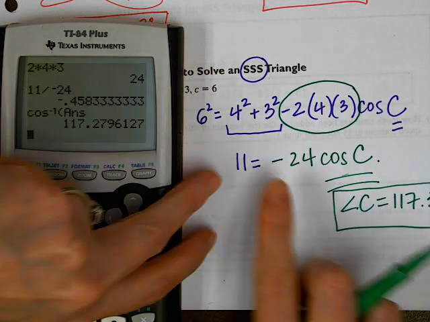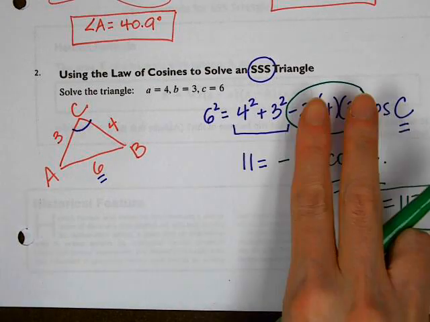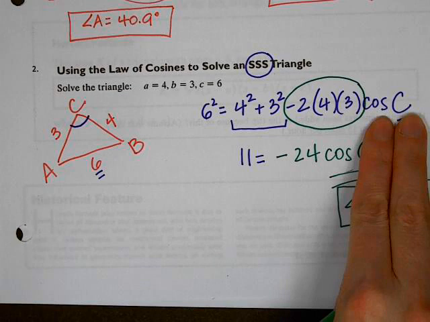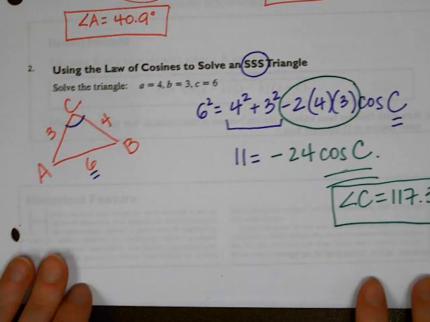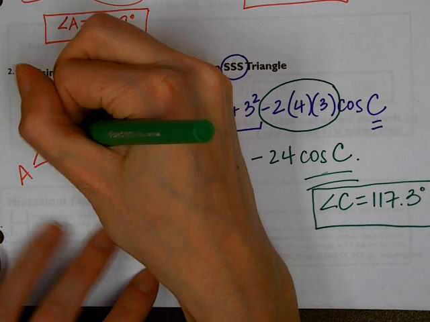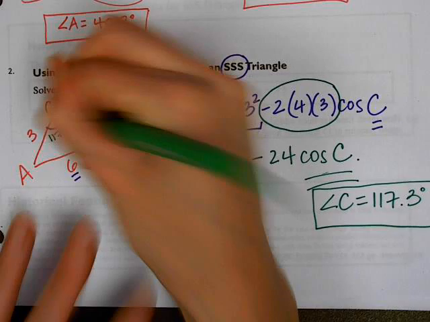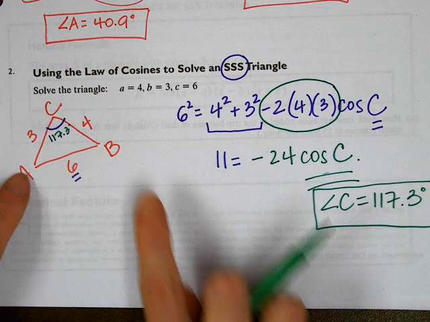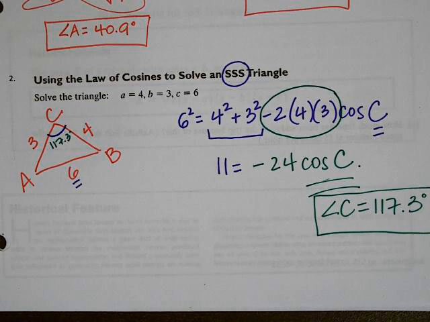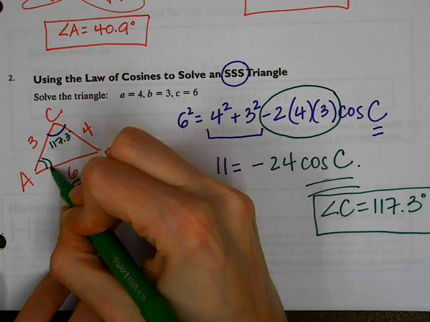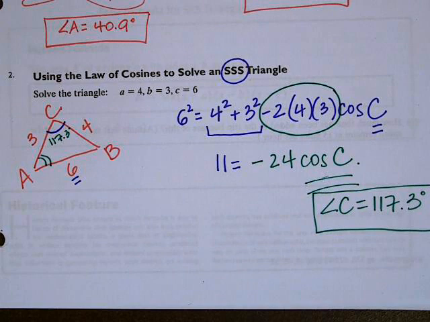Okay, so however you want to do it. You want to subtract this over and then divide by this and then do inverse if it's an angle. Okay, so angle C is 117.3 degrees, and now we need to find angles A and B. So if you want to find angle A, you could do law of cosines again, or you can switch over to law of sines.